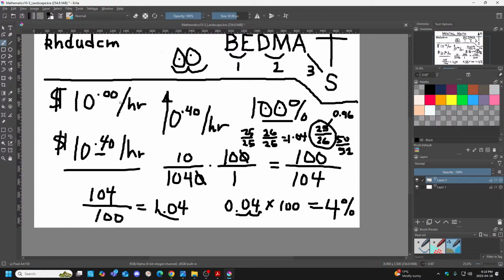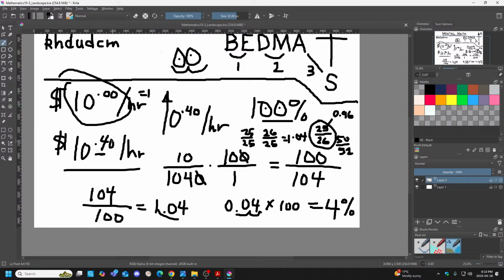Okay? Basically, that's the same ratio. If I go 10.4 divided by 10, I should get that same number. Yeah, I do. Okay? It's 1, a whole number. This is the original, which equals 1.